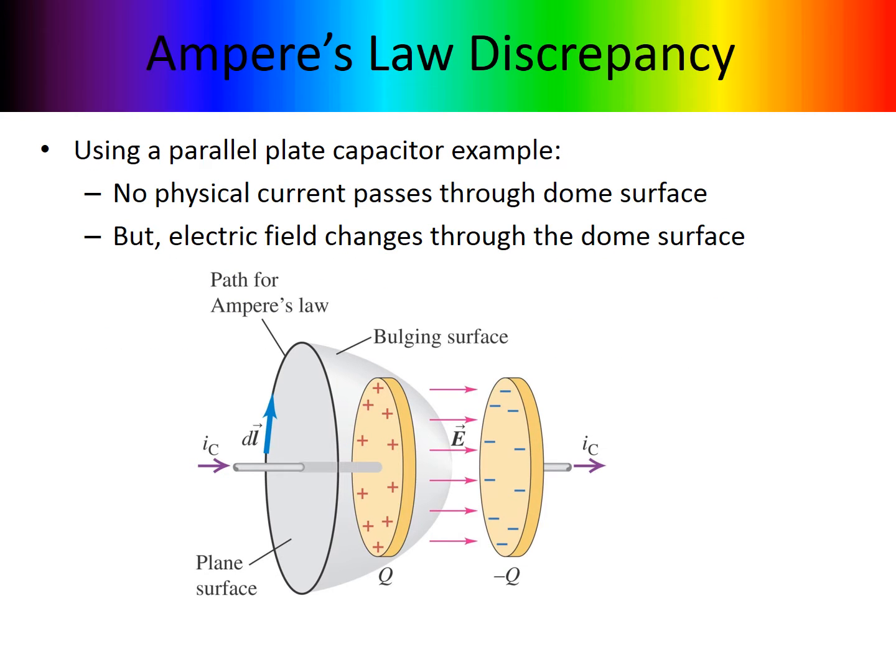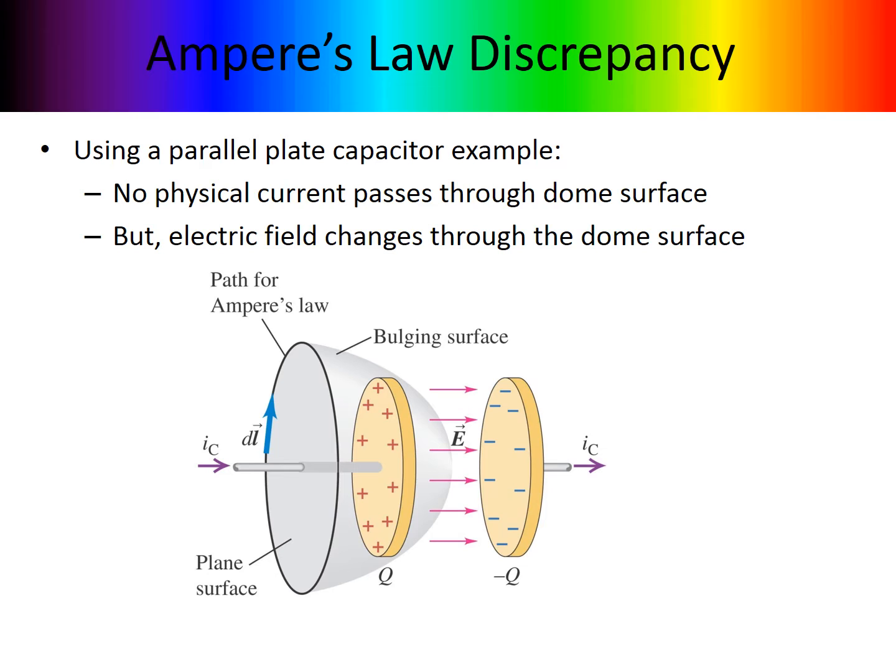So we draw a picture of these capacitor plates, and we see that we can draw a surface so that the path for Ampere's law bounds or encloses 2 different surfaces. One is a dome surface that extends in through the back of the left-hand plate, into the electric field area, but does not have current passing through it. So you see automatically that no current passes through that dome-like surface.